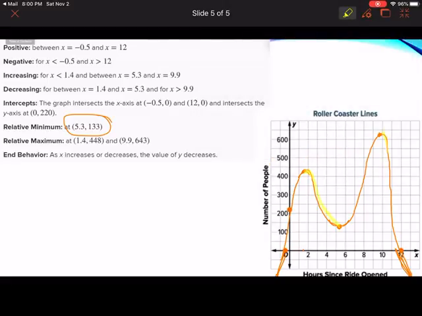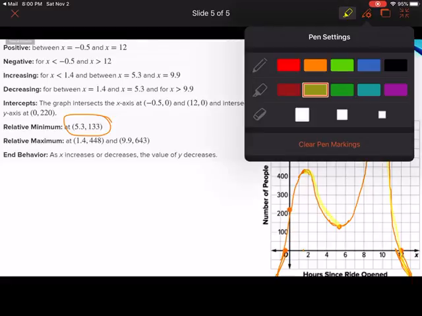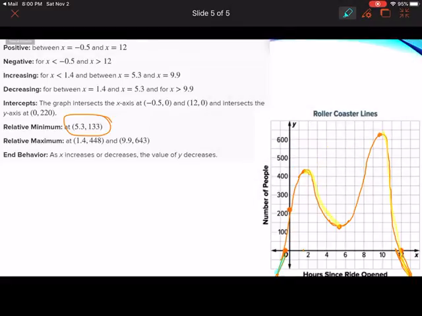And then also greater than 9.9. Looks good to me. So increasing for less than 1.4, yes. And 5.3 to 9.9. So that looks correct.